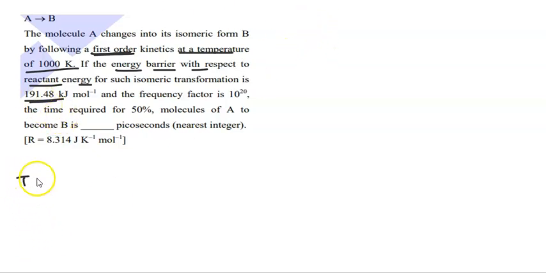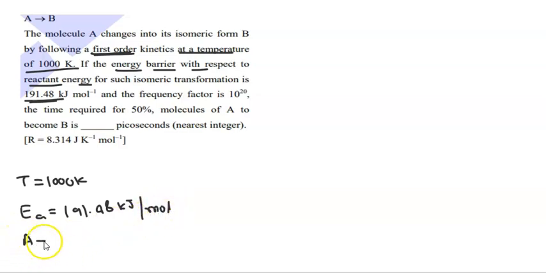So the temperature T is equal to 1000 kelvins and the energy barrier is given as 191.48, that is nothing but the activation energy, equal to 191.48 kilojoule per mole. Frequency factor A is equal to 10 to the power of 20.